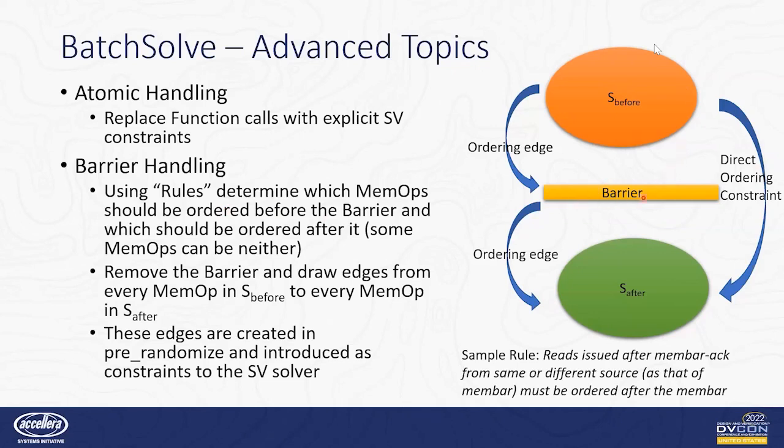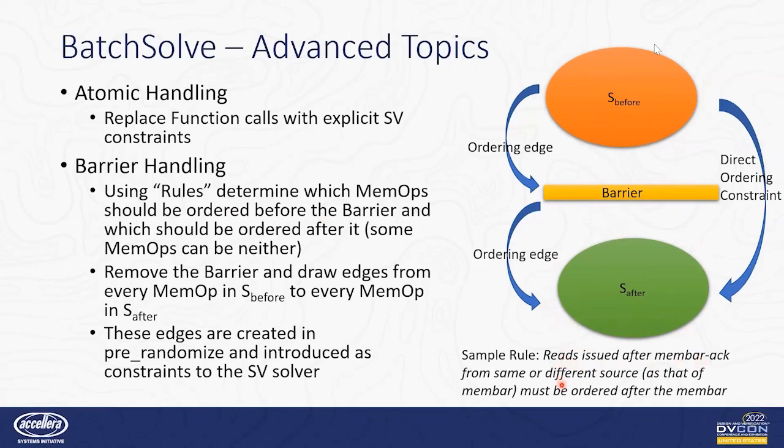So again, at a high level the idea is, for every barrier, we will create a set S before and S after. And a memop can go into either S before or S after, or neither, based on certain sample rules. So for instance, here's a sample rule which says reads issued after the membar ack.